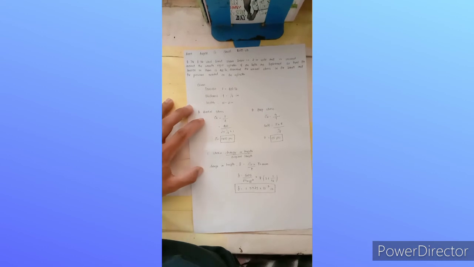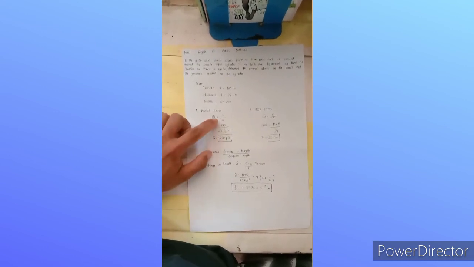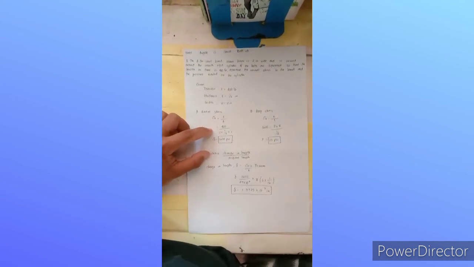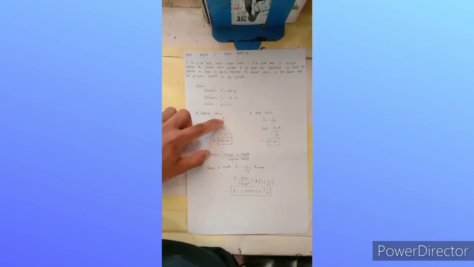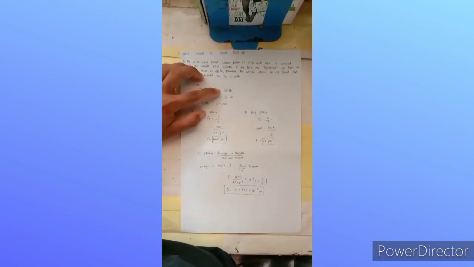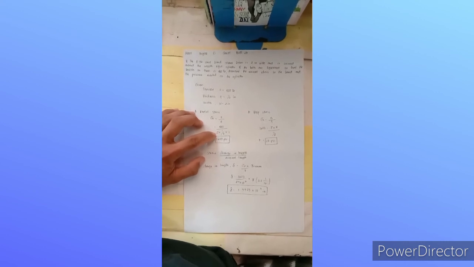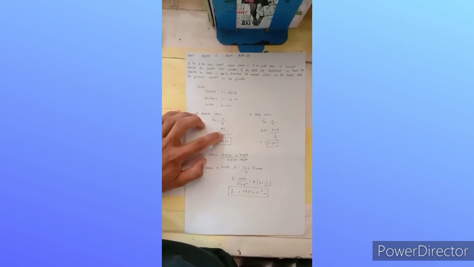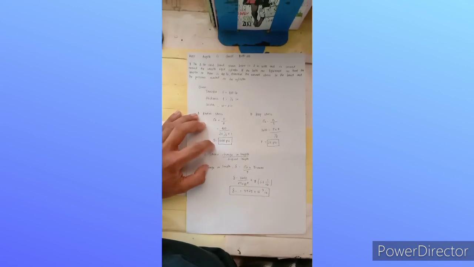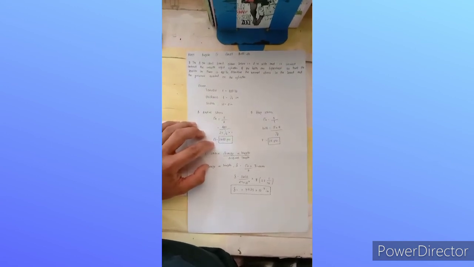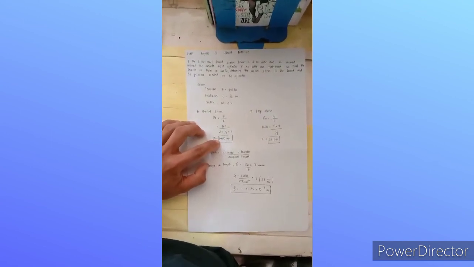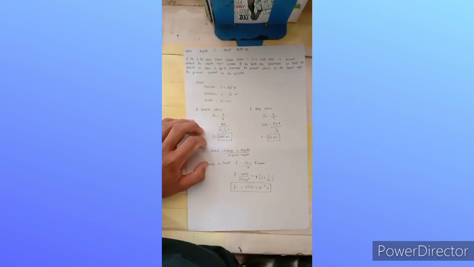So our normal stress is equals to F all over A. Our F is 400 pounds times 2, all over 2 times 1 all over 8 times 1. So our stress is equals to 1,600 psi.